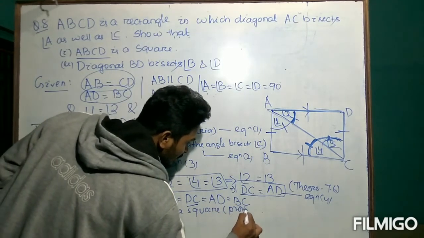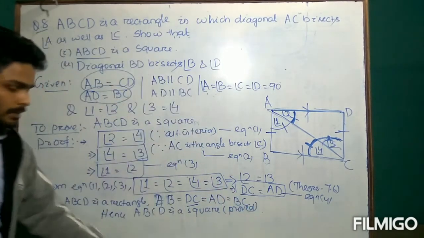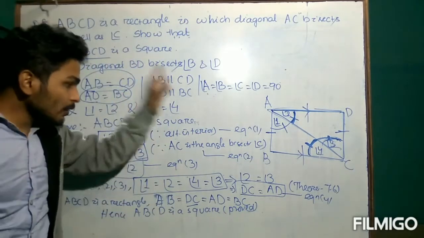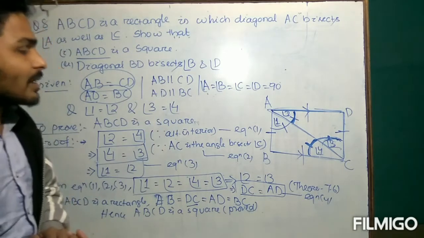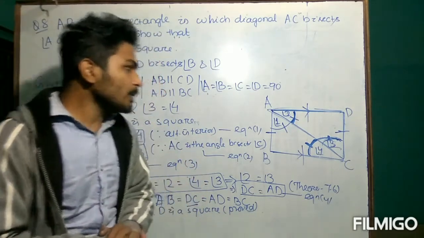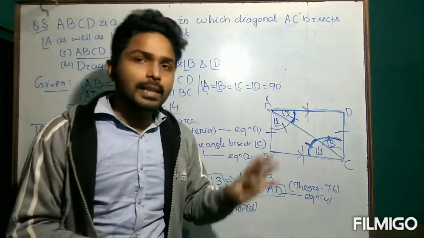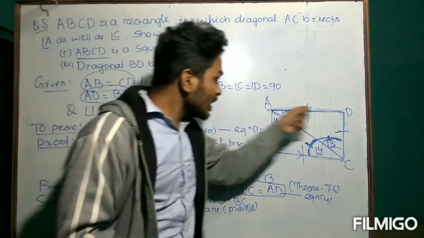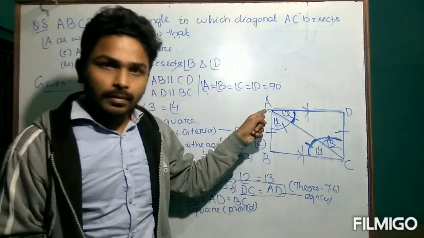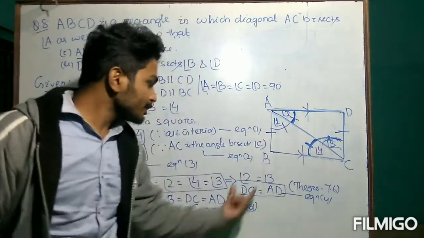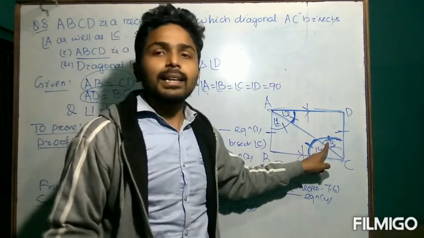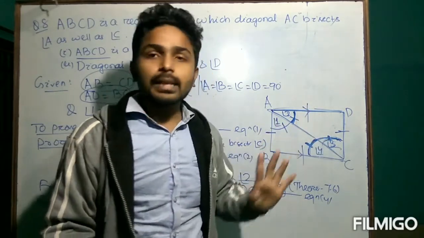So now, look at it clearly and focusedly. You can easily understand. First of all, we have proved that all the 4 angles are equal. Now, consider any one of the triangles. This angle is equal to this angle. We can extract it out: 2 is equal to 3. If this angle is equal to this angle, it means this side must be equal to this side.